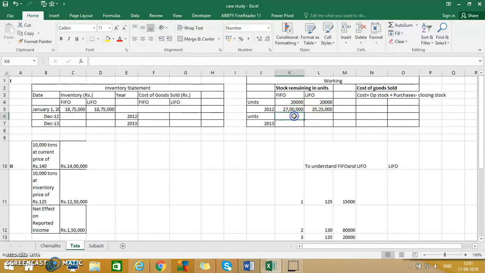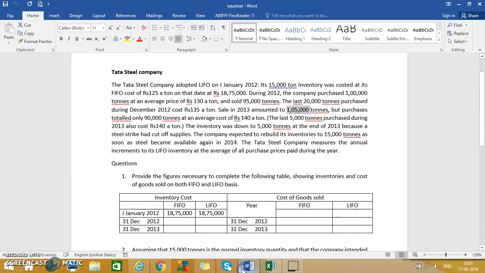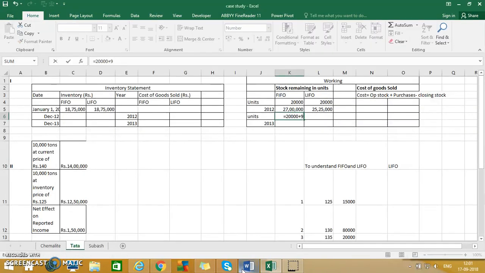Into this 20,000 units, he has actually purchased, how much did he purchase? 90,000 units. And he has sold away 1,05,000 units. So, what will be the material that he is left off with? He is left off with 5,000 units of material at the end of the year.